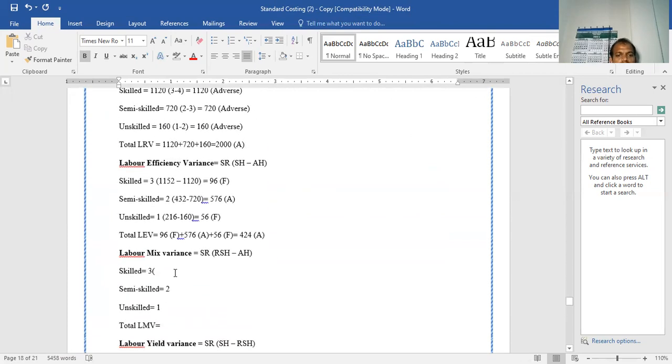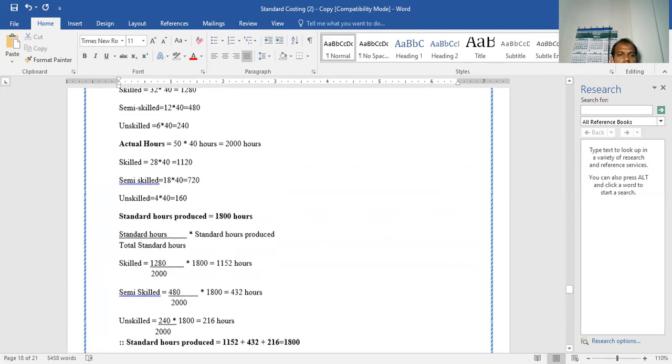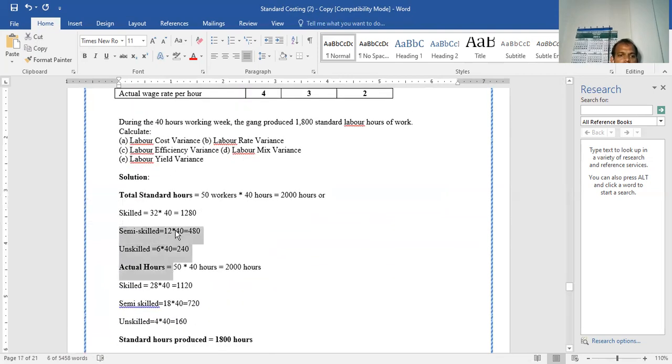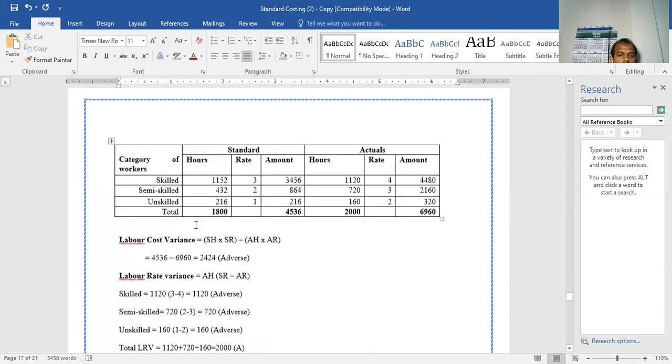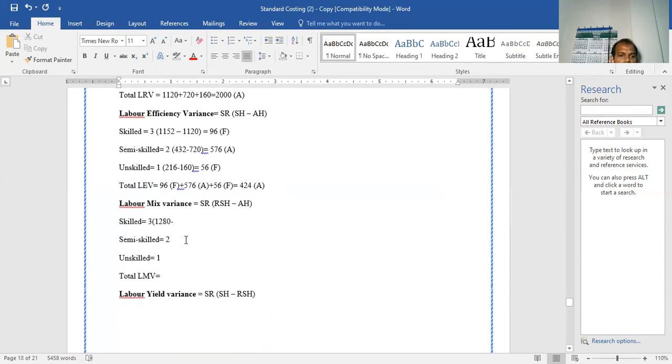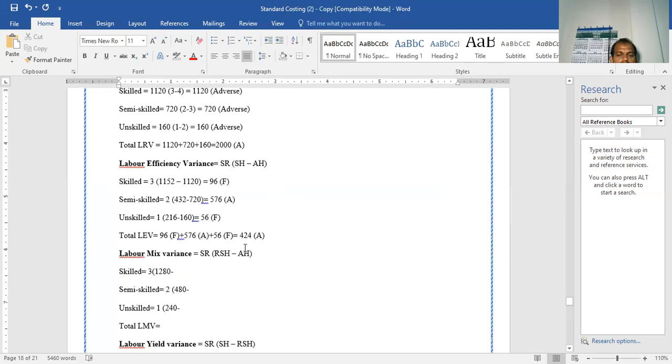So revised standard hours are 1280 for the skilled labor, 480 for the semi-skilled labor, and 240 for unskilled labor.